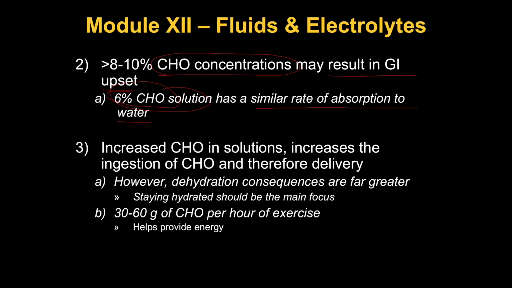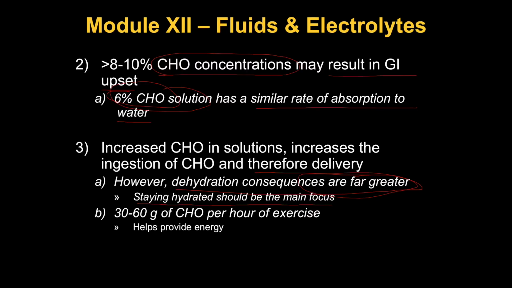So if we increase carbohydrate in solutions, we're going to increase the ingestion of carbohydrate and therefore delivery. But again, dehydration consequences are far greater of a concern rather than getting the carbohydrate. So we want to stay focused on hydration and not necessarily carbohydrate intake during prolonged activity.